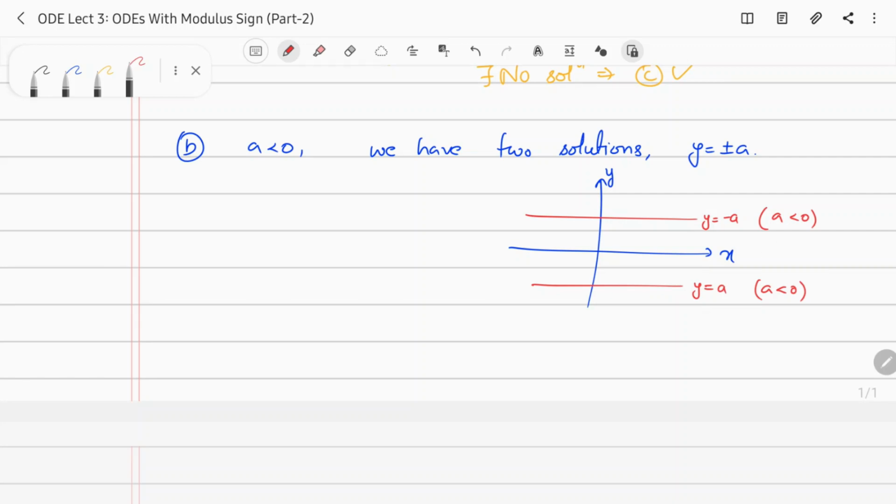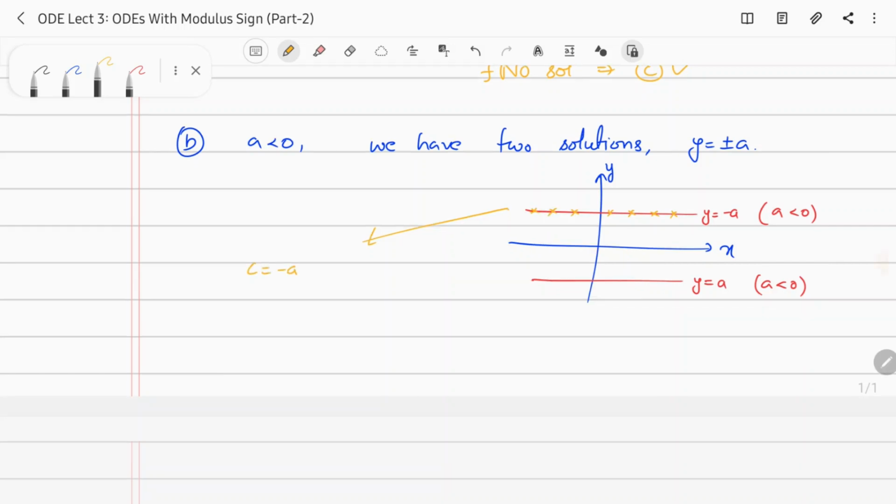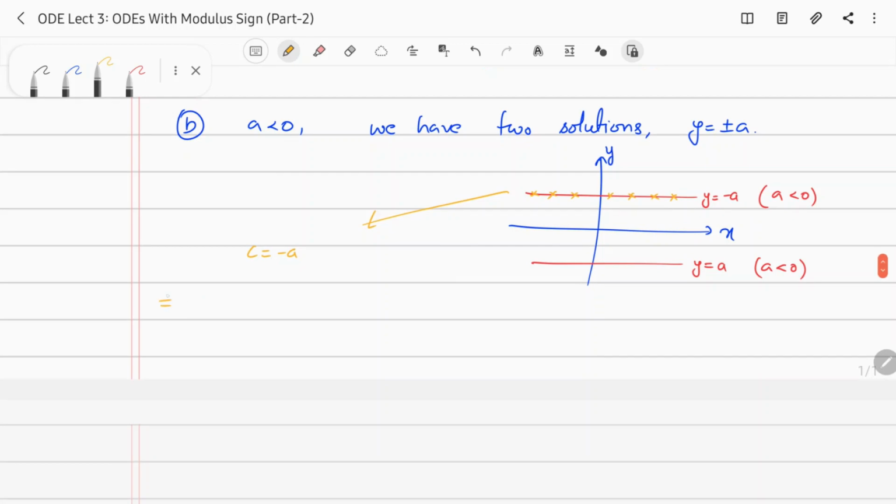Now for option B, if I take (B, C) on this line, that is, particularly for option B, I'm taking C equal to minus A. So I will say that there exist infinitely many choices of (B, C) belonging to R square, where C equal to minus A, such that there exists a unique solution.